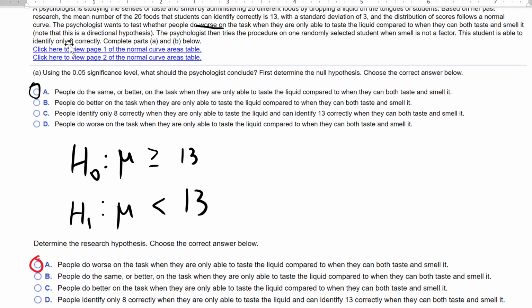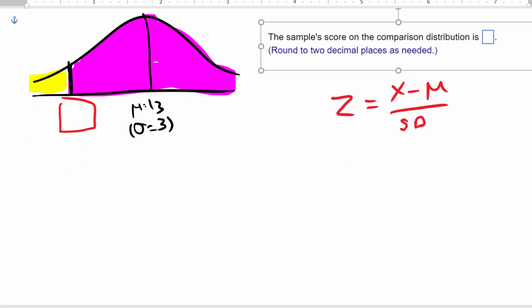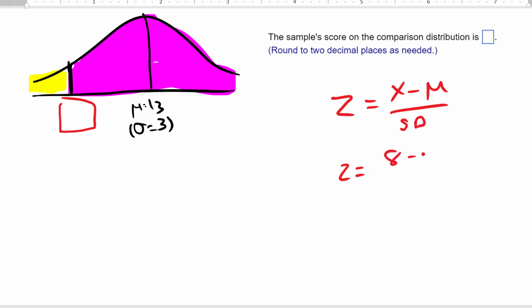Right here, so identified 8 correctly. So we want to know how extreme that is. So we're going to say our z value is 8 minus the mean, which is 13, all over the standard deviation, which is 3.